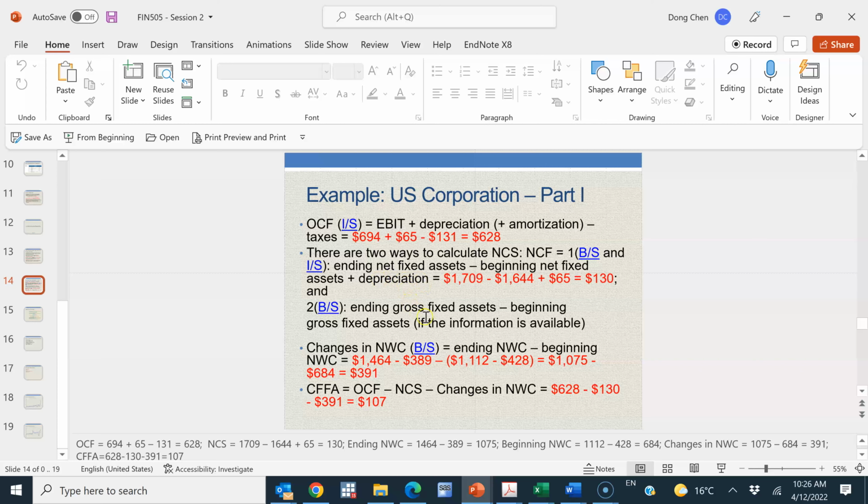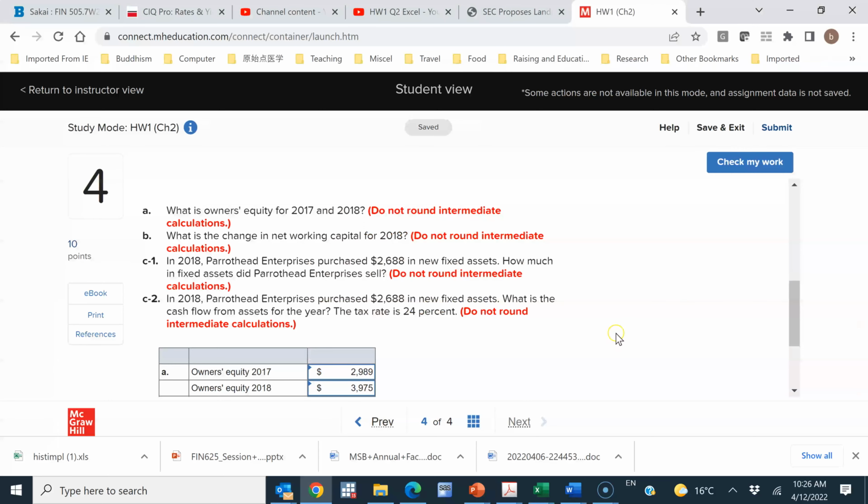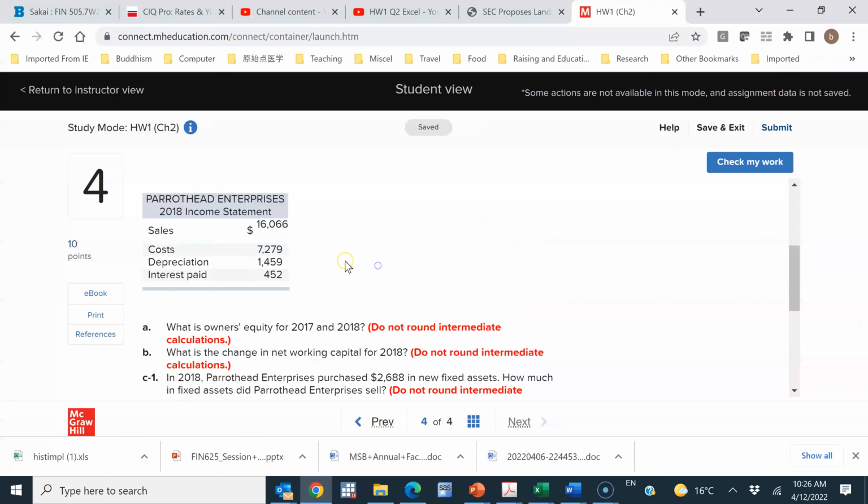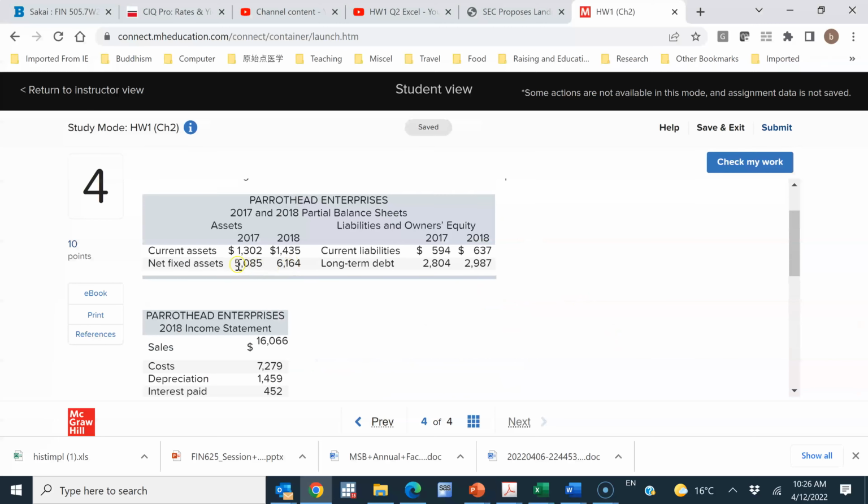And the second way to get net capital spending is basically the change in gross fixed assets. For this question, there's no information about accumulated depreciation, hence we cannot figure out gross fixed assets. So the only way we can figure out net capital spending is through net fixed assets.